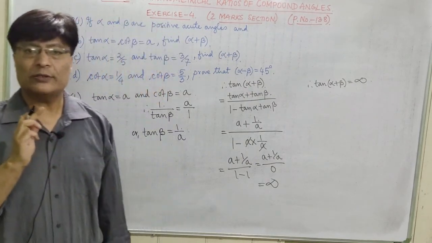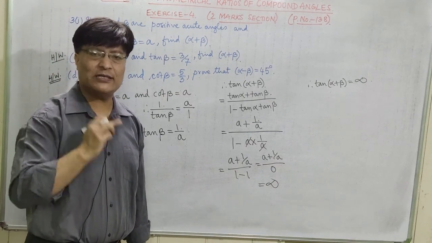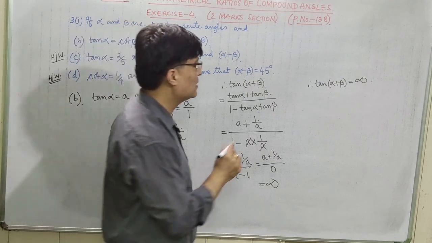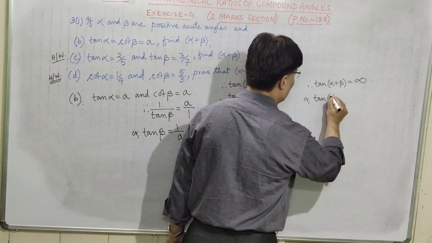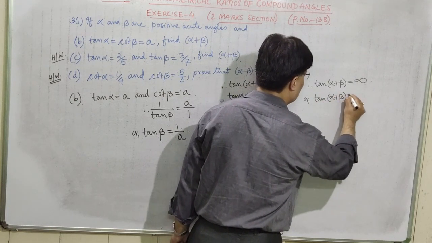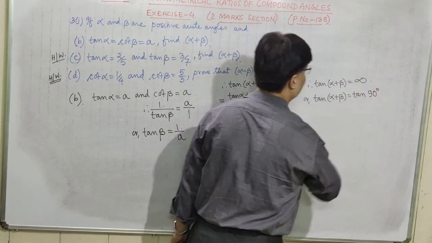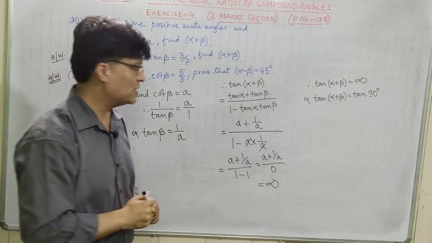Tan of which angle is undefined or infinity? Tan 90 degree. You know that, isn't it? So tan of alpha plus beta is equal to tan 90 degree. Tan 90 degree is undefined or infinity.